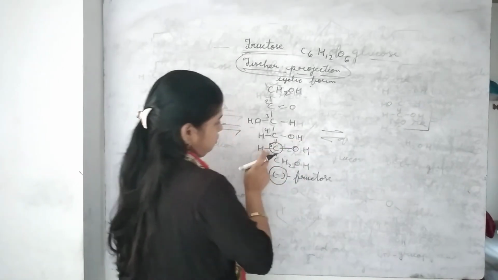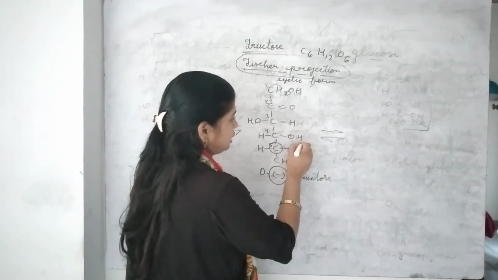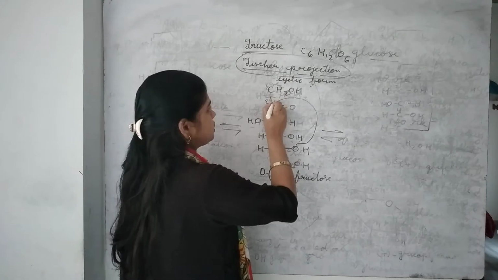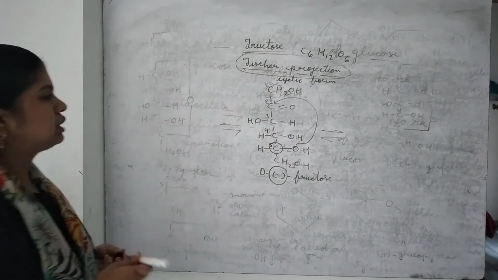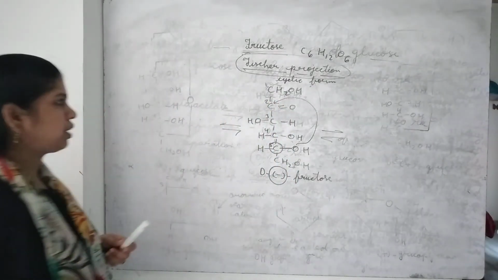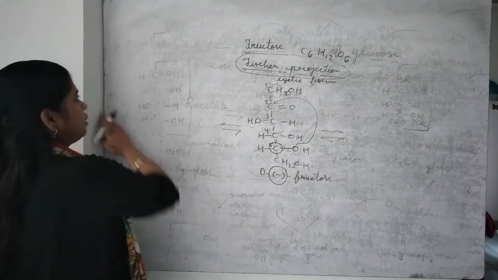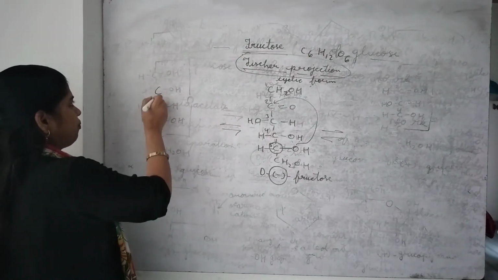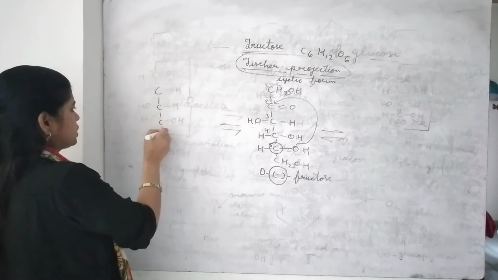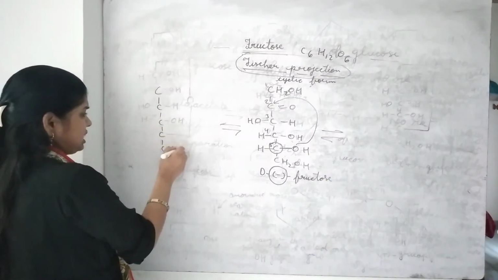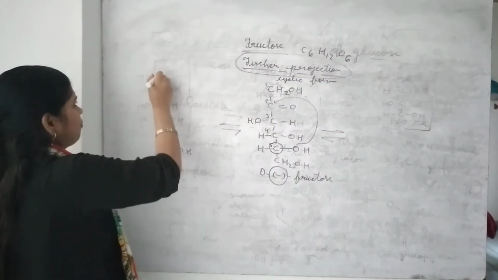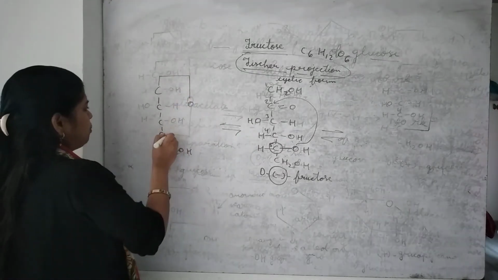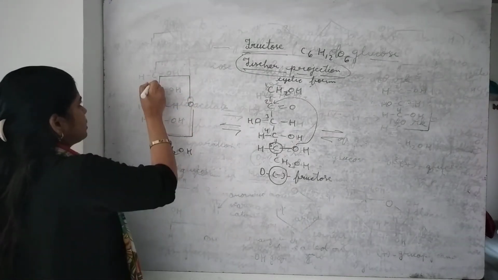Now on the fifth carbon atom again there is oxygen. This oxygen will be bonded to the second carbon atom. So here there is the second carbon atom, third, fourth, and this is the fifth one. This sixth one is a primary alcoholic group simply. They are both bonded to each other through oxygen.